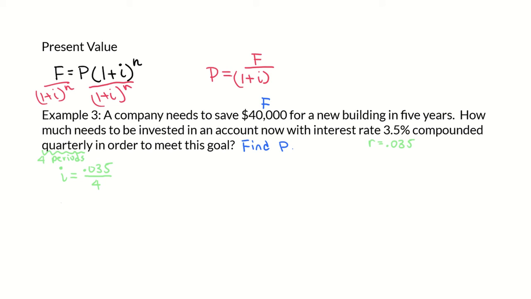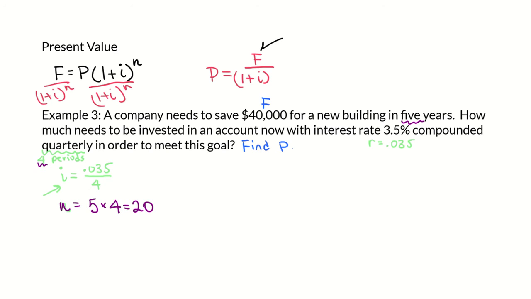And then N is also needed. This is the total number of compounding periods, which is the number of years, which is 5, multiplied by the number of periods per year, which again is 4. So N is equal to 20. You might notice that this time I left I as a fraction instead of calculating it out. That's to prevent early rounding.